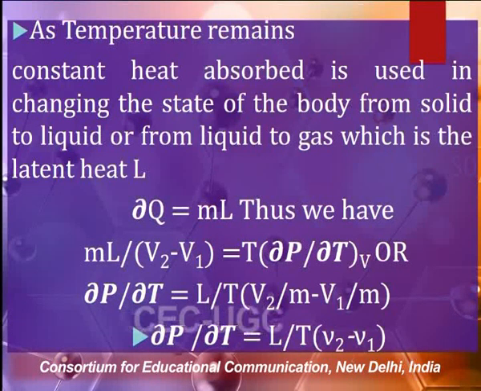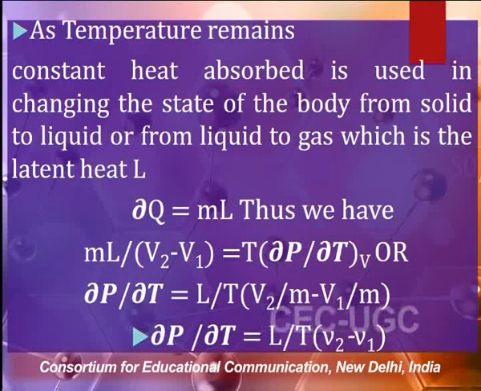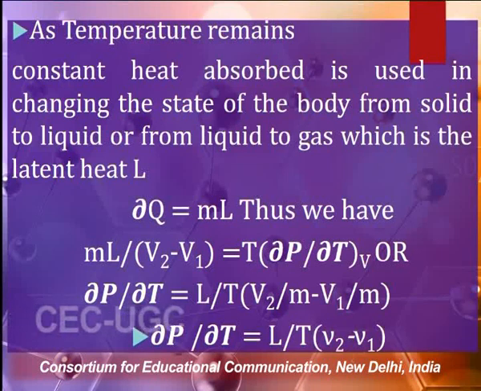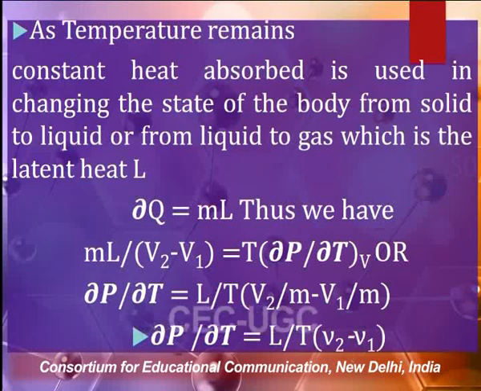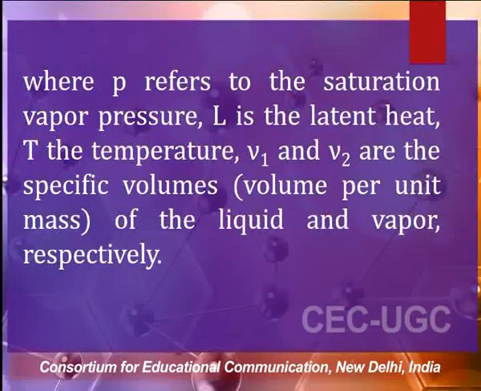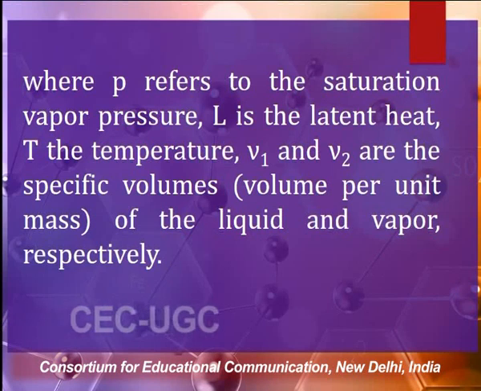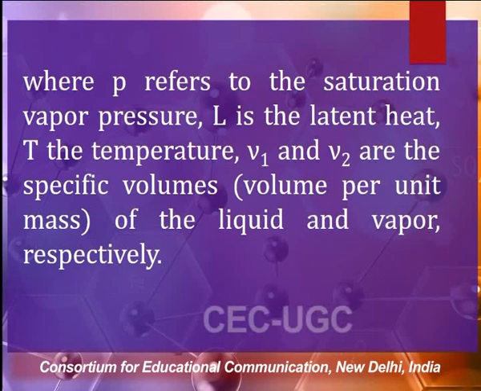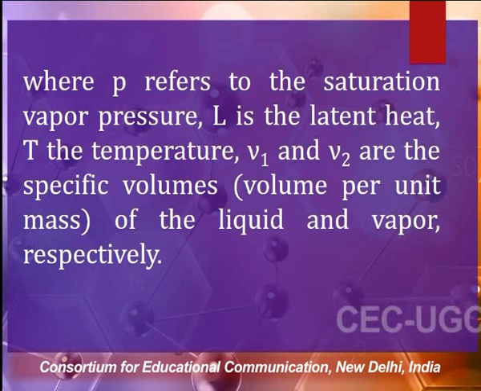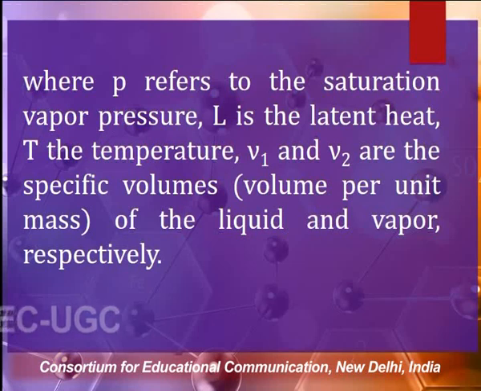So V2 by m can be written as small v2, which is the specific volume. V1 by m can be written as small v1, where v1 also denotes the specific volume. P refers to the saturation vapor pressure, L is the latent heat, T the temperature, v1 and v2 are the specific volumes of the liquid and vapor respectively.